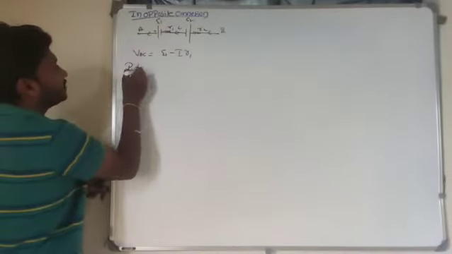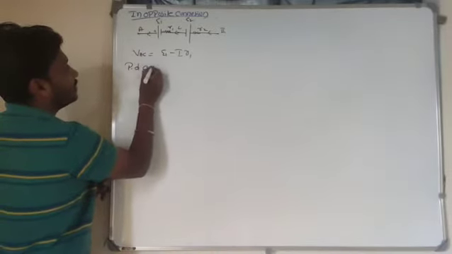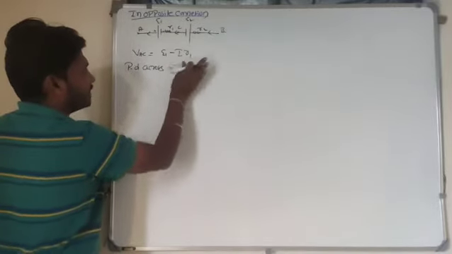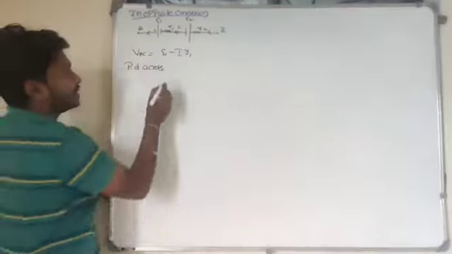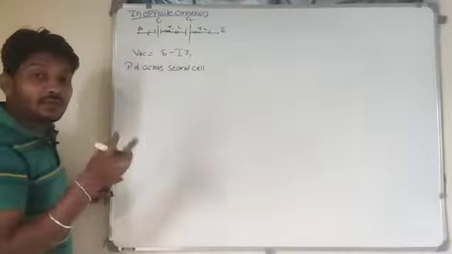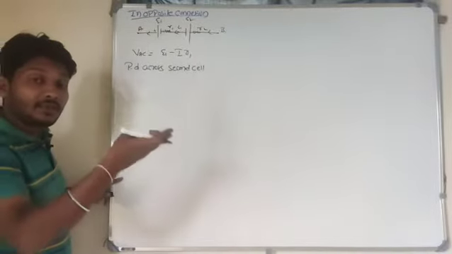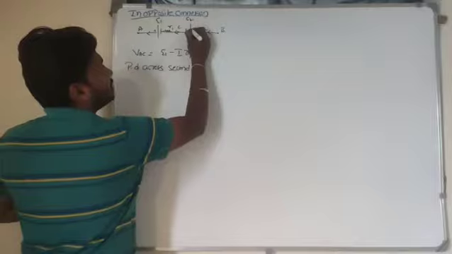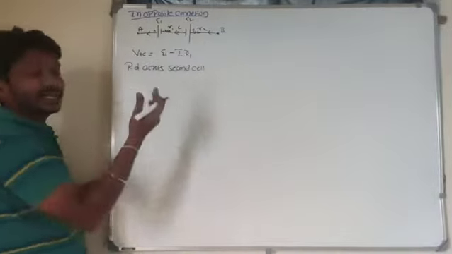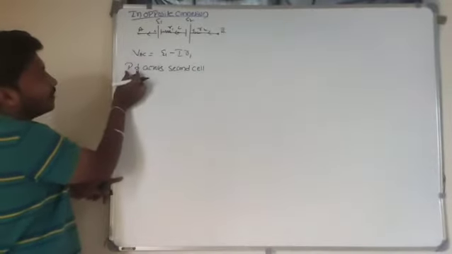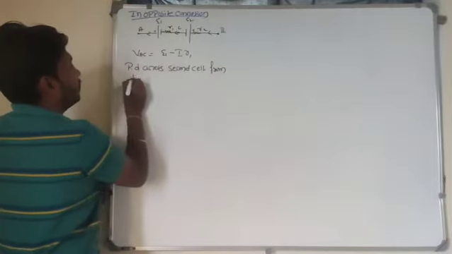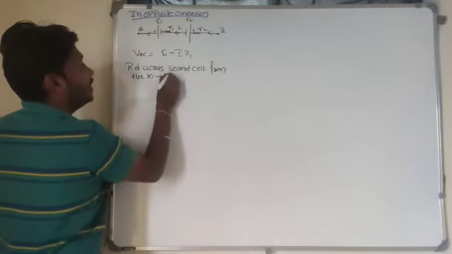So I will find out the potential difference across C to B, the potential difference across the second cell, from positive to negative terminal.